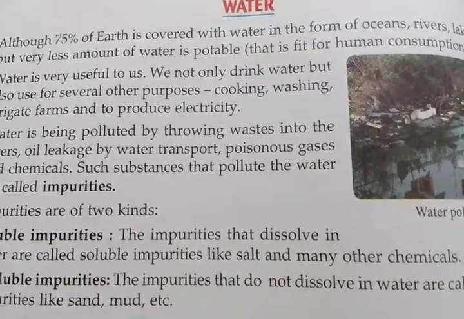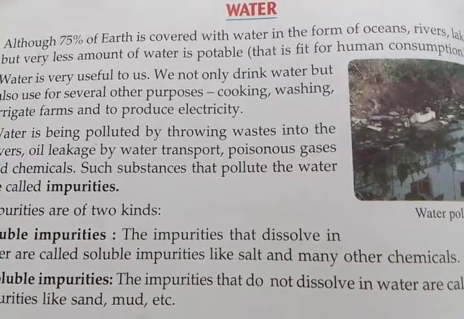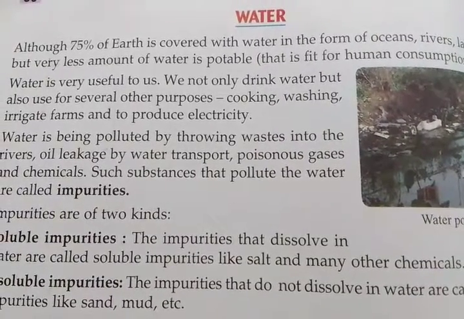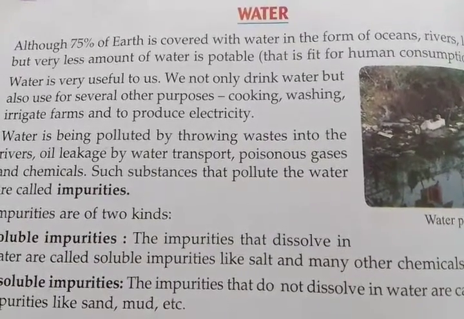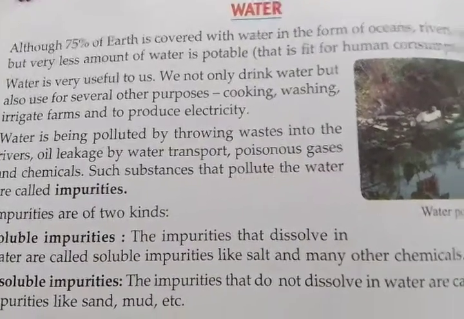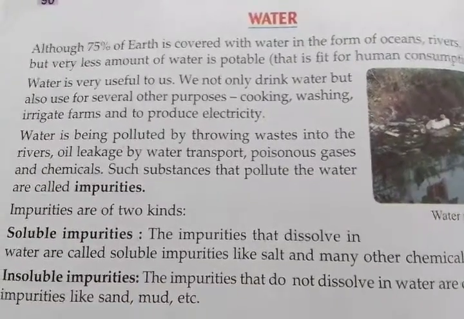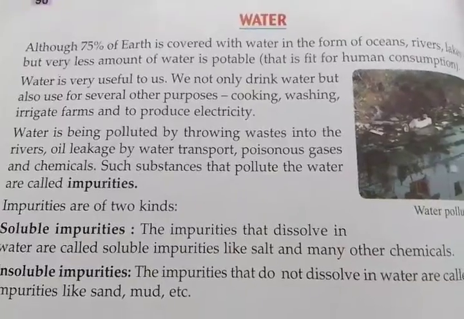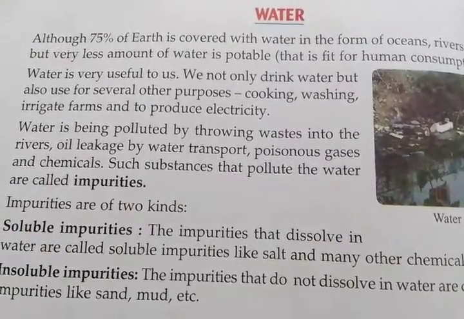Water is being polluted by throwing wastes into the rivers, oil leakage by water transport, poisonous gases and chemicals. All these substances pollute the water, and these substances which pollute the water are called impurities.